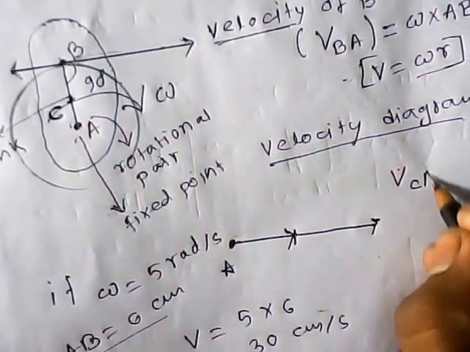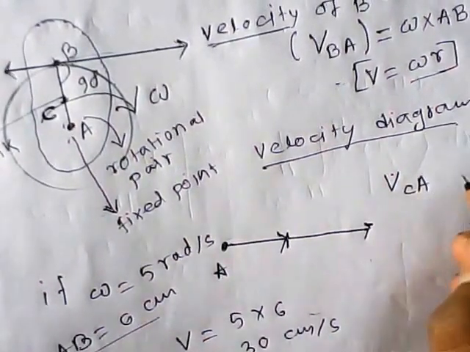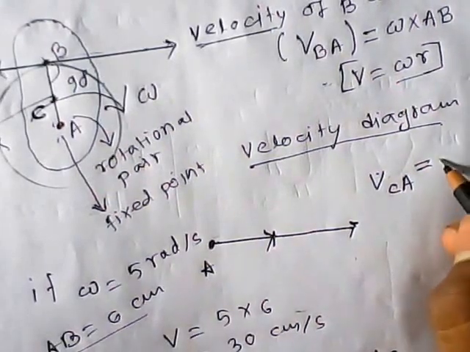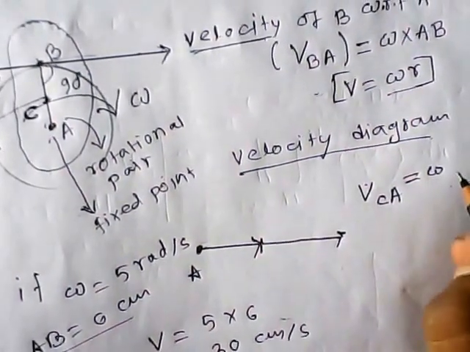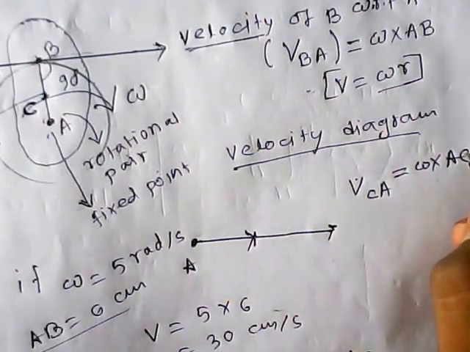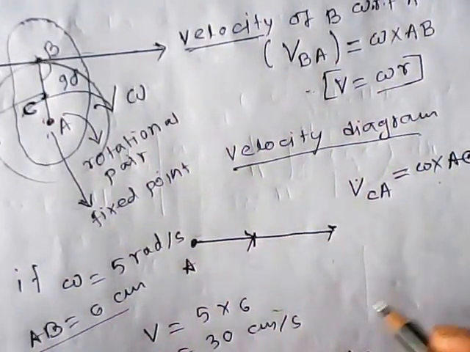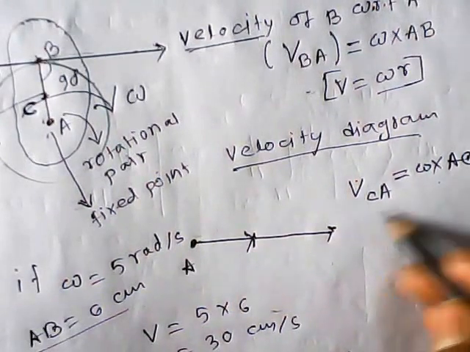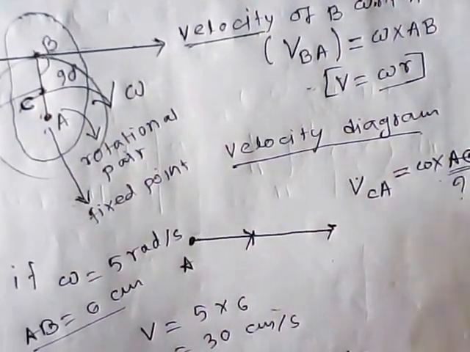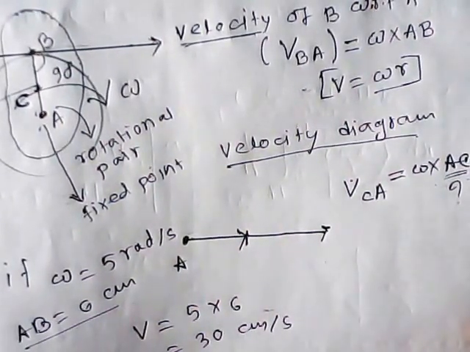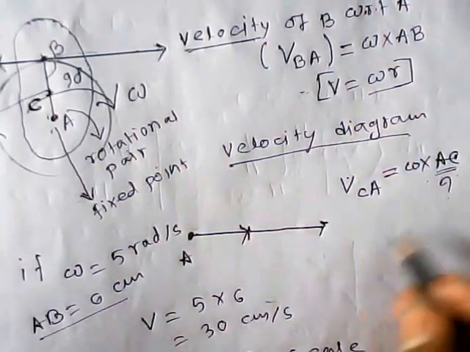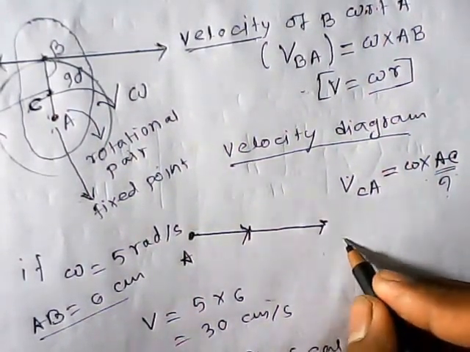Velocity of C with respect to a fixed point, that is A, velocity of C with respect to A equal to same omega into the distance AC. Here AC is given and we have to find the velocity of C with respect to A on the link AB.